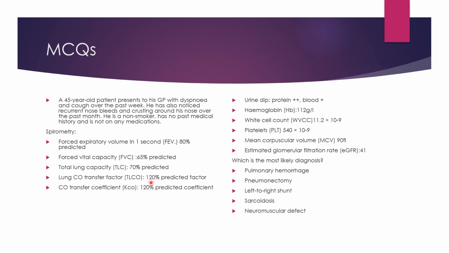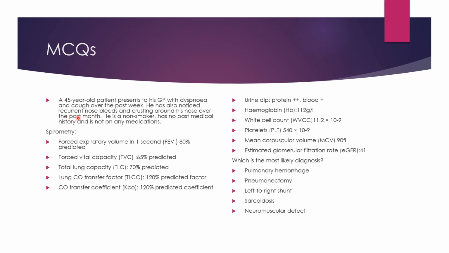So the KCO is also increased. So the most likely condition in this patient, can you think of the causes of raised TLCO, raised KCO? The causes were asthma, pulmonary hemorrhage due to Wegener's or Goodpasture's, left to right cardiac shunts, polycythemia, hyperkinetic states, male gender, and exercise. So these are the causes of raised TLCO.